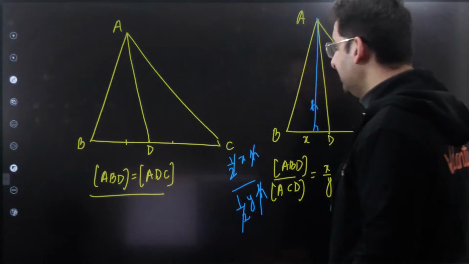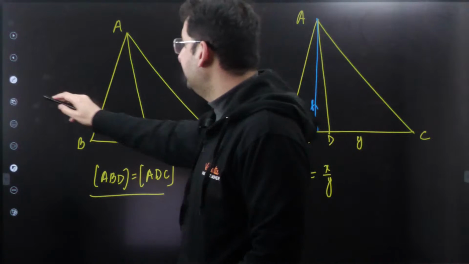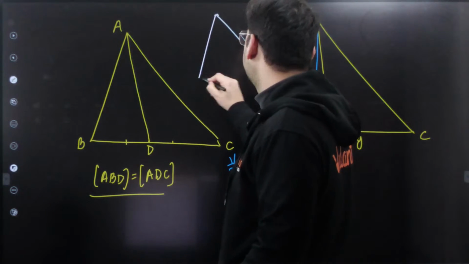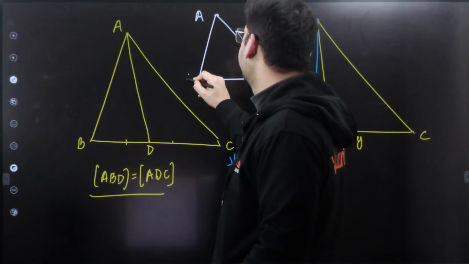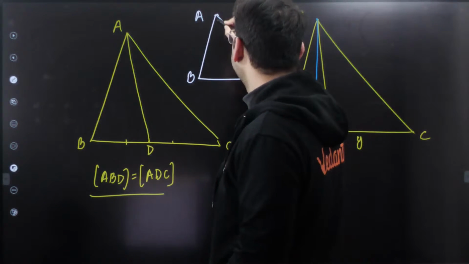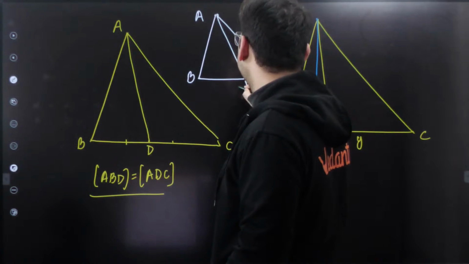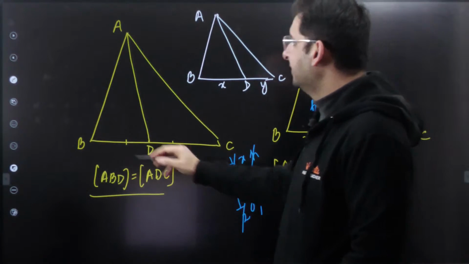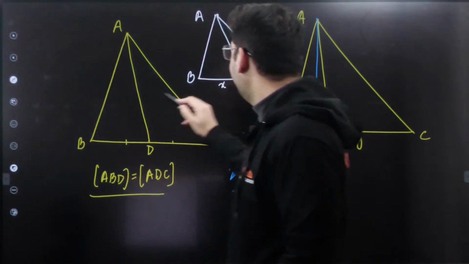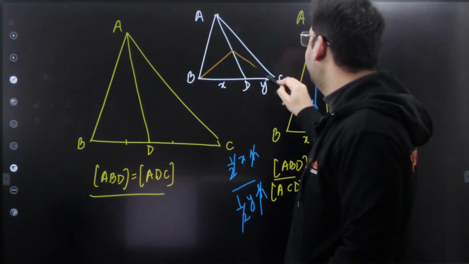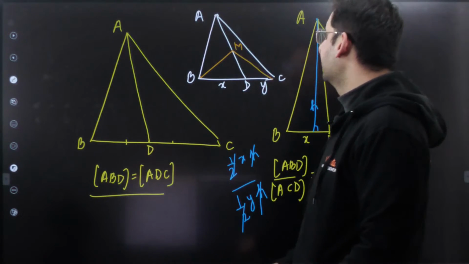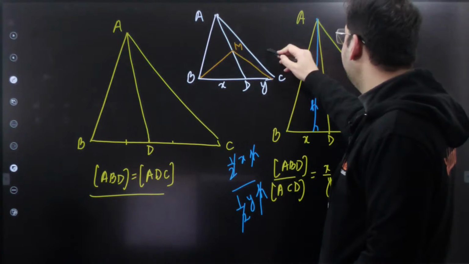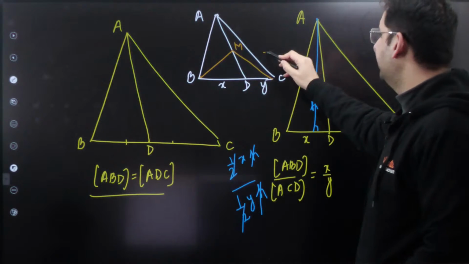The third concept is, let me draw it here. There is this triangle ABC, and let's say this is D. Let's say this is X, this is Y. And again, there is a common point on AD, let's say M. Now here we'll apply the same thing as we did before.